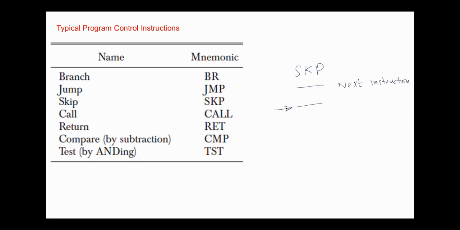So if the condition is true, we will continue to this instruction, and this is done by incrementing the content of program counter by 1. When this instruction was fetched, the program counter was updated to point to this instruction. So if the condition is false, we will not skip this instruction and we will continue as usual. The call and return instructions are used with subroutines, and we will come to them later in this chapter.